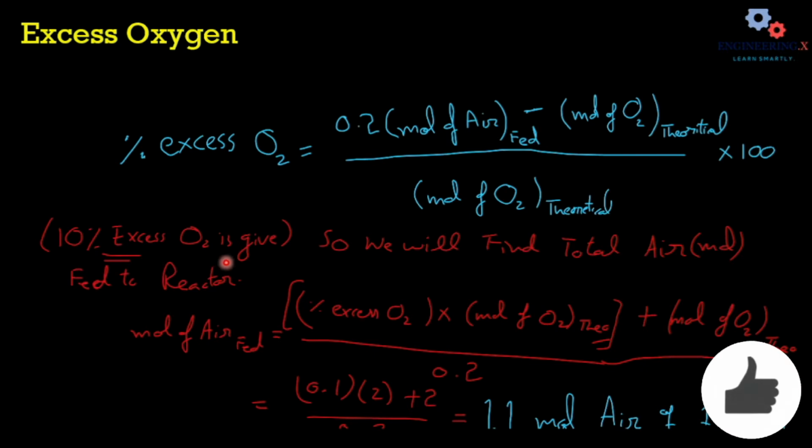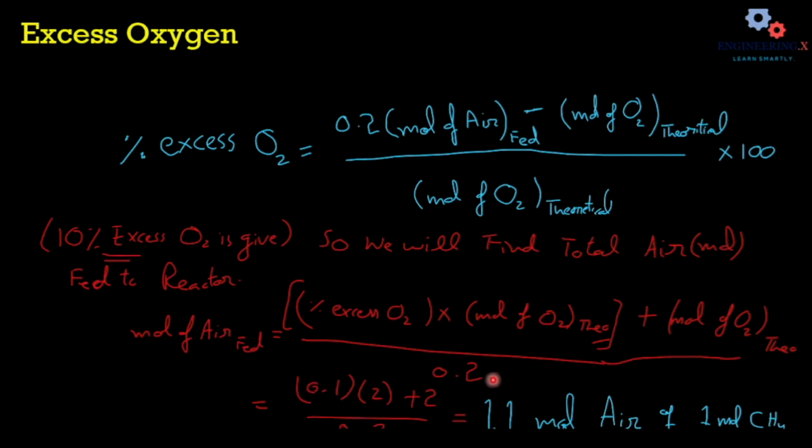So the 10% excess oxygen is given, so we will find the total air in terms of mole, just rearranging this equation. Actually we have to find the mole of air which we are going to feed when 10% excess oxygen is being provided. We have all the information: the theoretical mole of oxygen is 2, and the excess oxygen is 10%, so we are just writing here 0.1 and divided by 0.2.